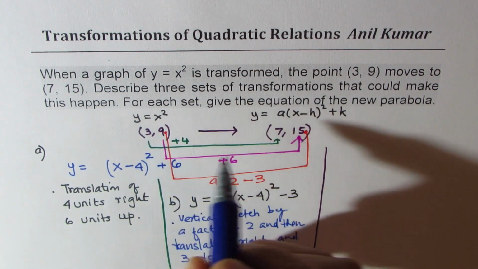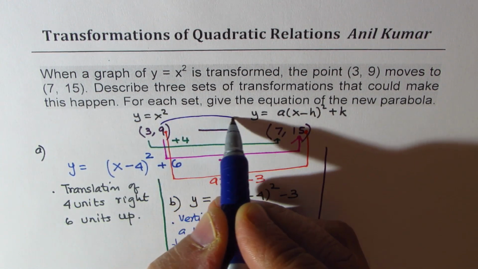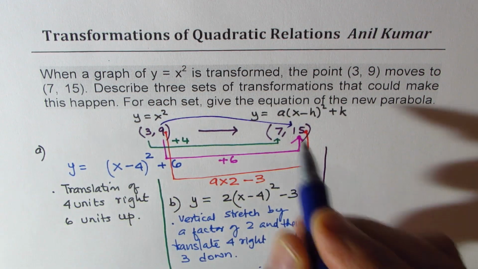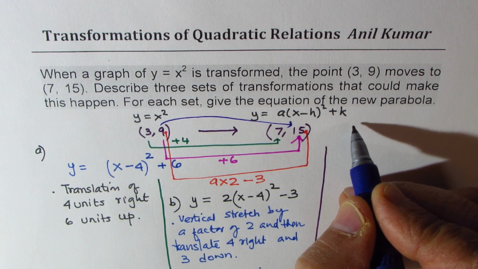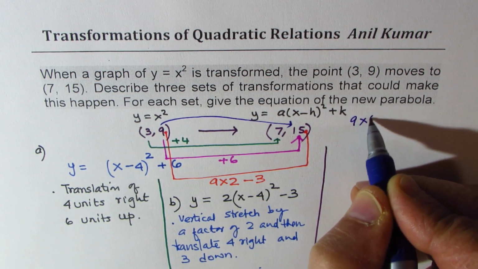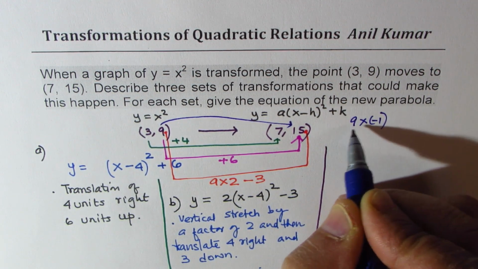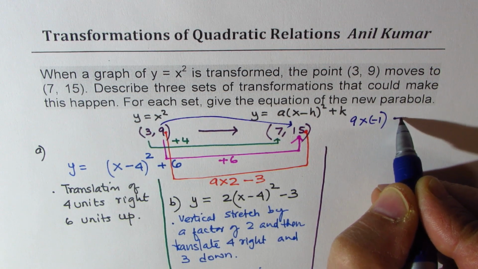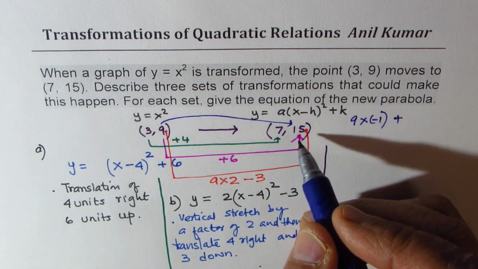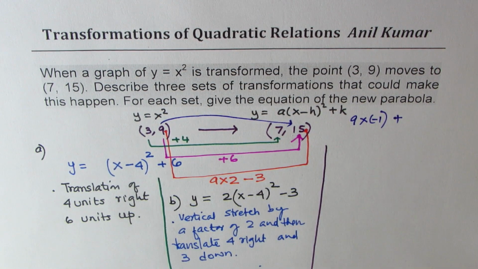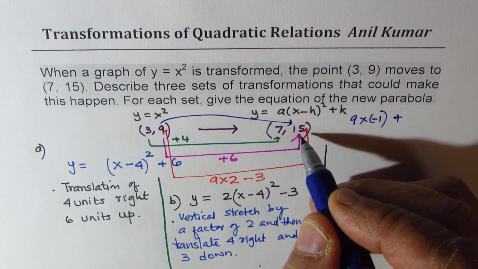So let's look at another way in which 9 could get to 15. What we could do here is that we could just reflect it. That is, 9 times minus 1 will give us negative 9. And then to this, you add something so that you get 15.